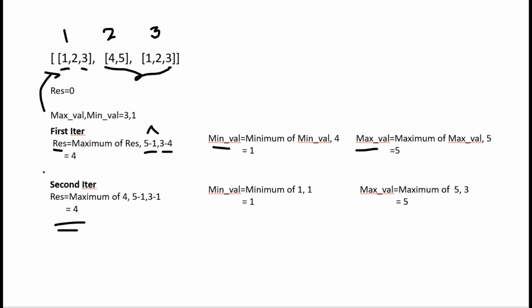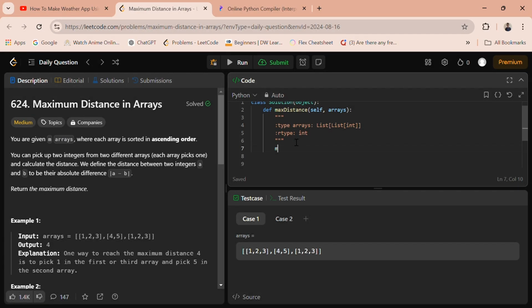Now I'm going to initialize two variables, minimum value and maximum value, which are set to the first element of the first list and the last element of the first list.